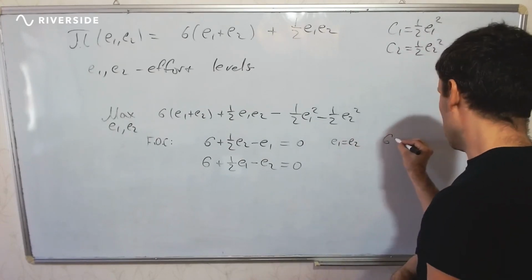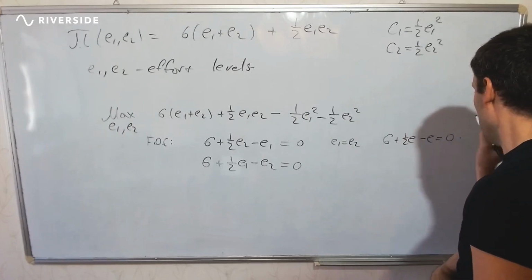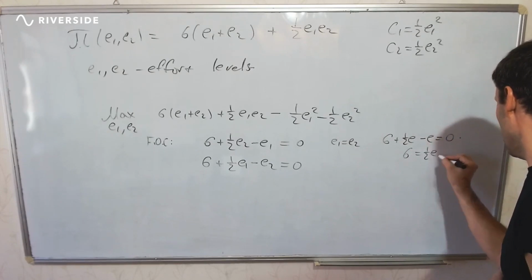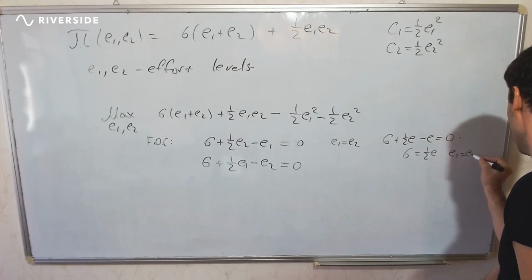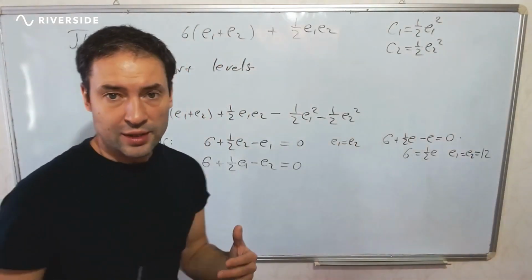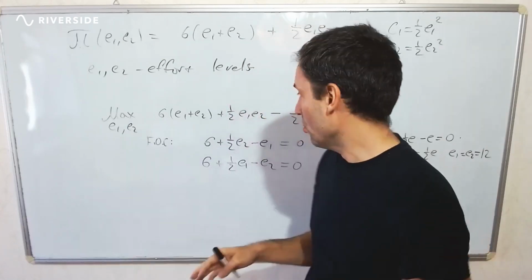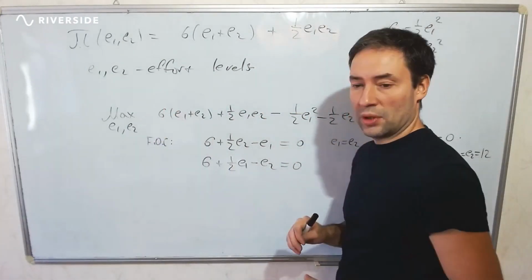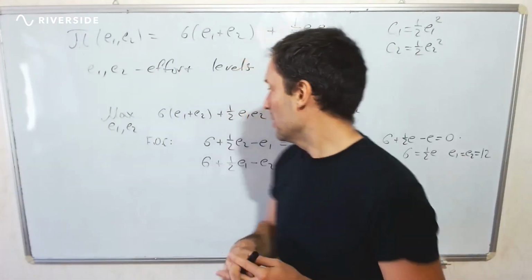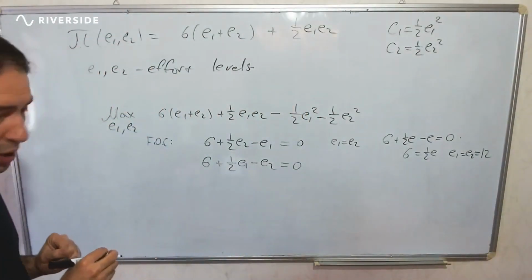It will be 6 + 1/2 E - E = 0, so 6 = 1/2 E, therefore E1 = E2 = 12. So the optimal effort levels when the agents act in their joint interest, maximizing the total welfare created, profit minus the cost, are effort levels of 12.